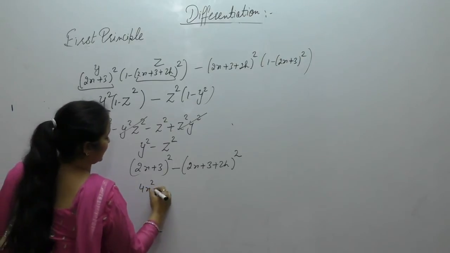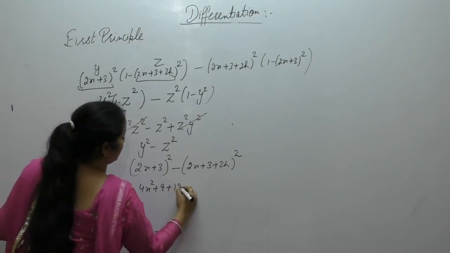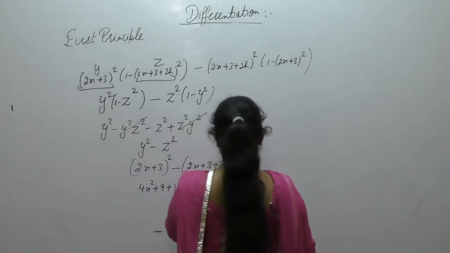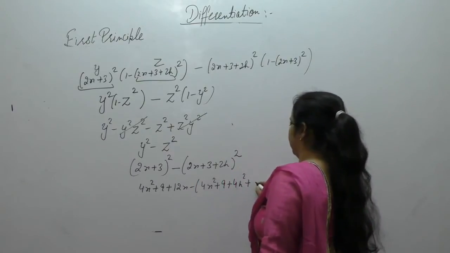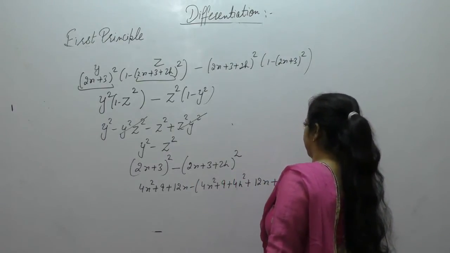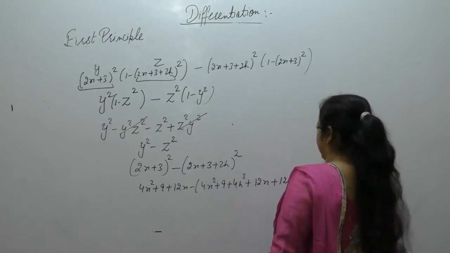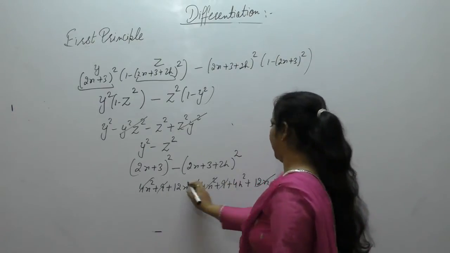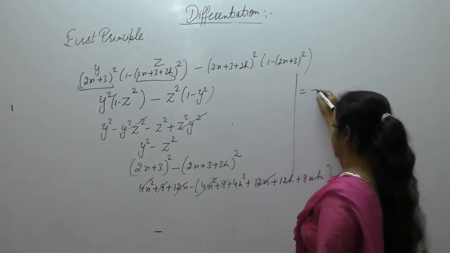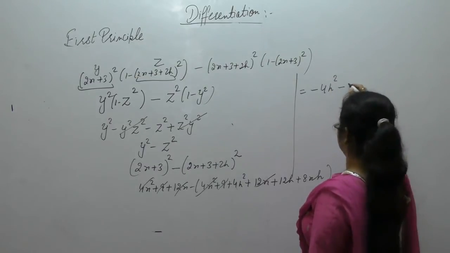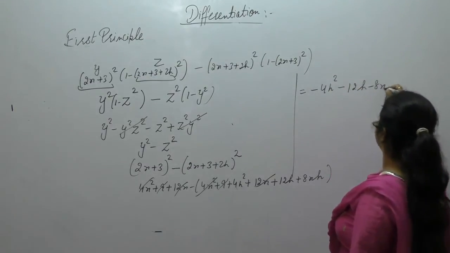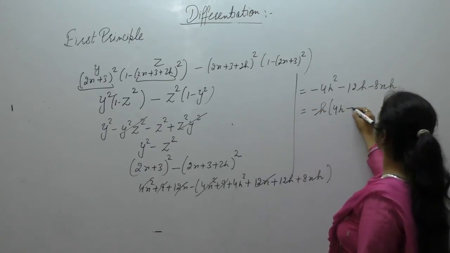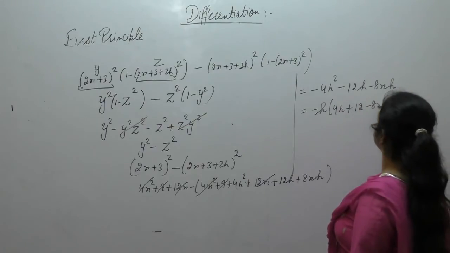Now open the brackets. a square plus b square plus c square plus 2ab plus 2bc plus 2ca. So 4x square will get cancelled, plus 9 and 12x. So we are left with the term minus 4h square minus 12h minus 8xh. Take h common. So we are left with 4h plus 12 minus 8x.